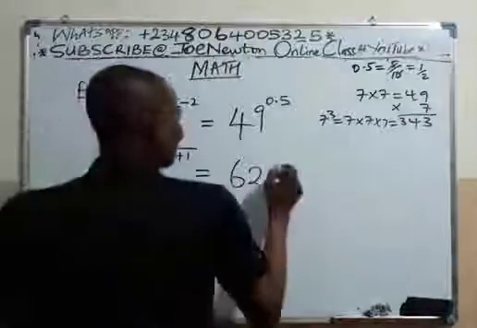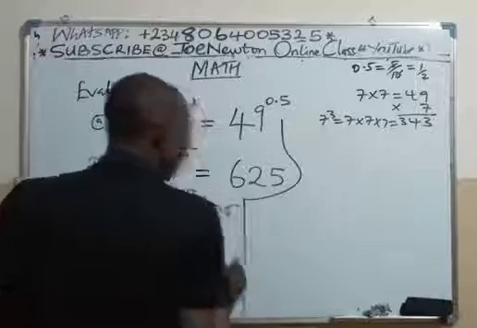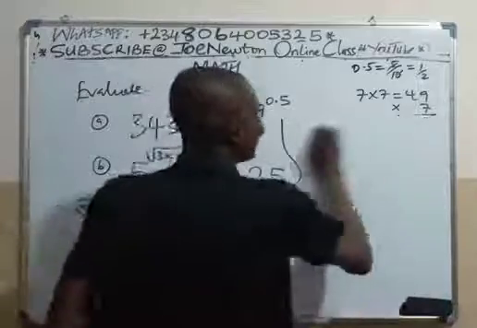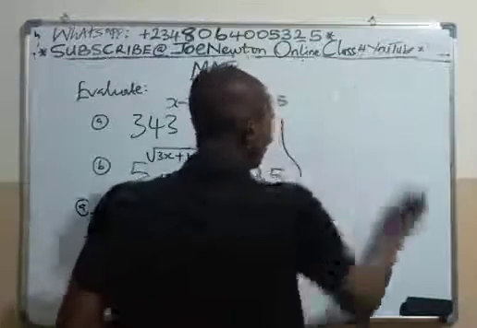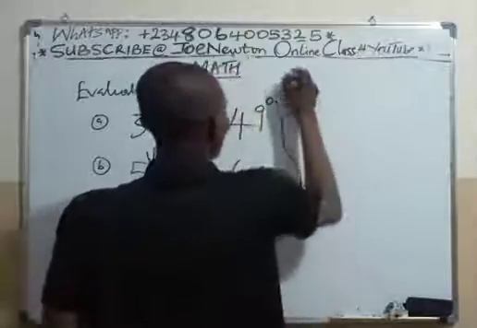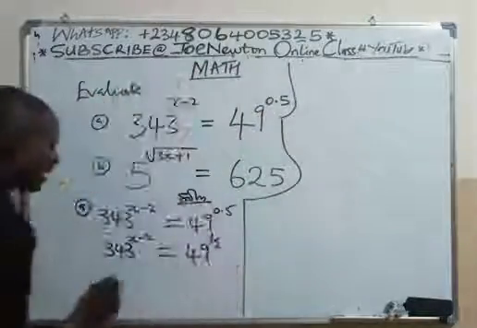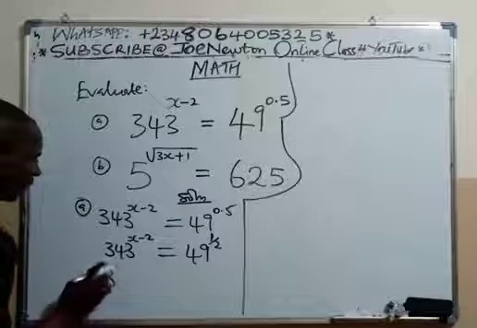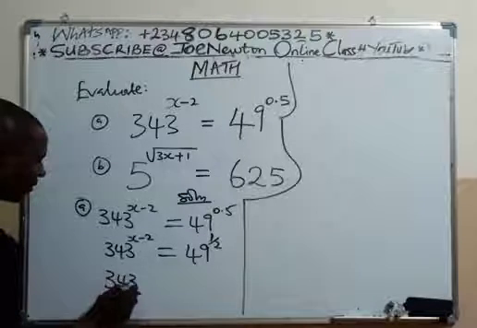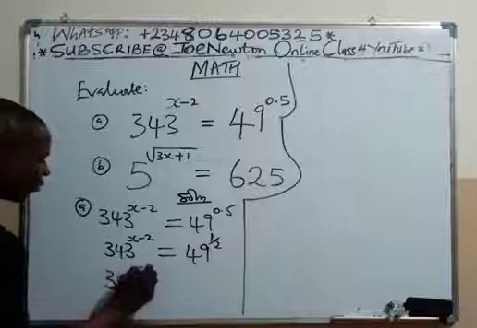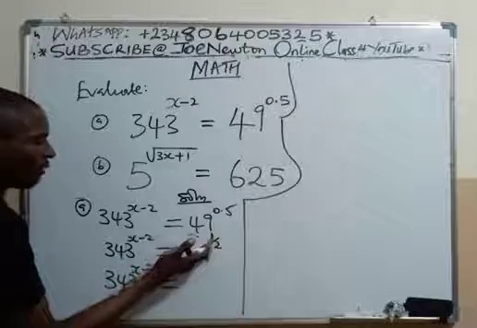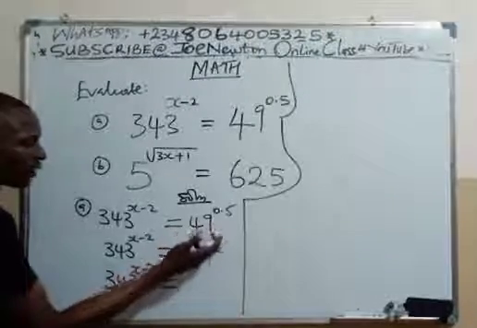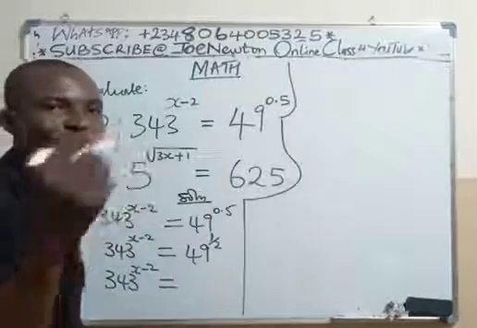Then if I proceed, I will now have that 343 raised to the power of x minus 2 is equal to 49 raised to the power of 1 over 2, which simply means square root of 49.